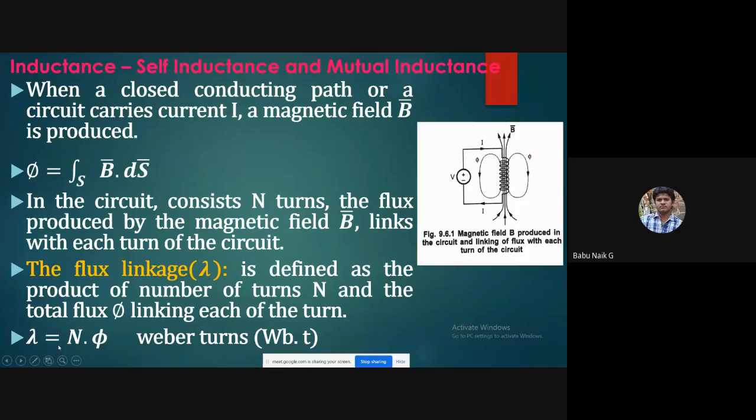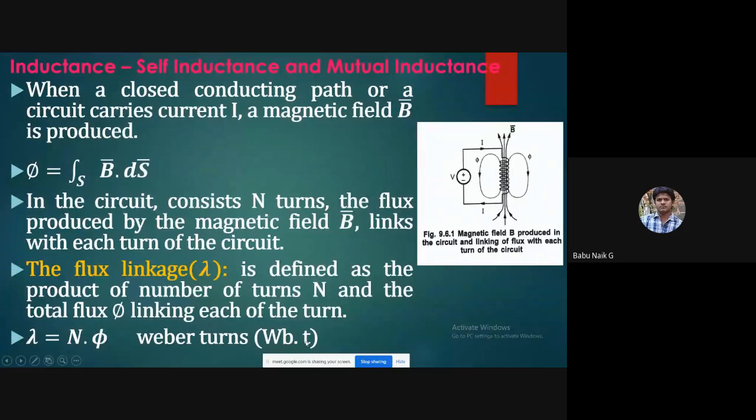So lambda is equal to N into phi. Its unit: flux is in Weber and with N turns it is Weber-turns, which we can write in shortcut as Weber-turns.